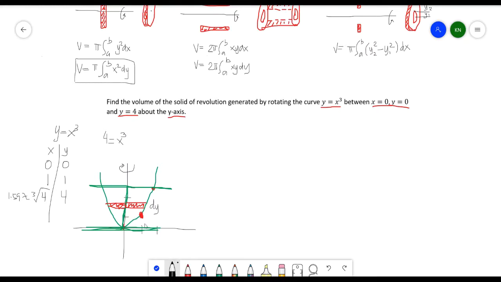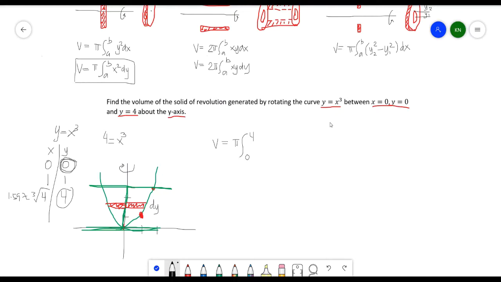So as you can see from our substitution earlier, our lower limit is equivalent to 0 and our upper limit is equivalent to 4. So we have our volume is equivalent to pi times the integral from 0 to 4 of x squared dy. But in our case, our function is y is equal to x cubed.